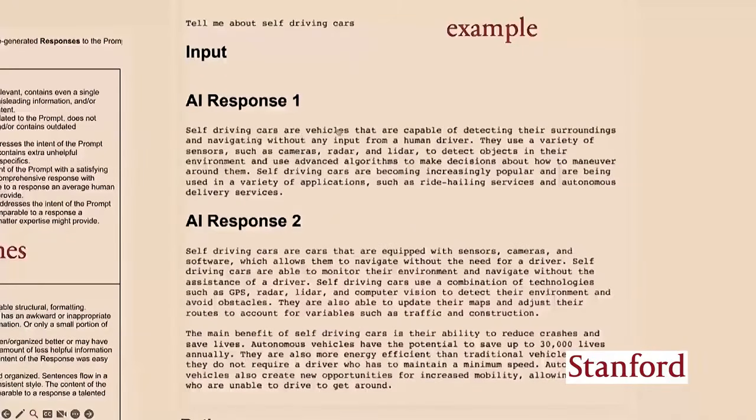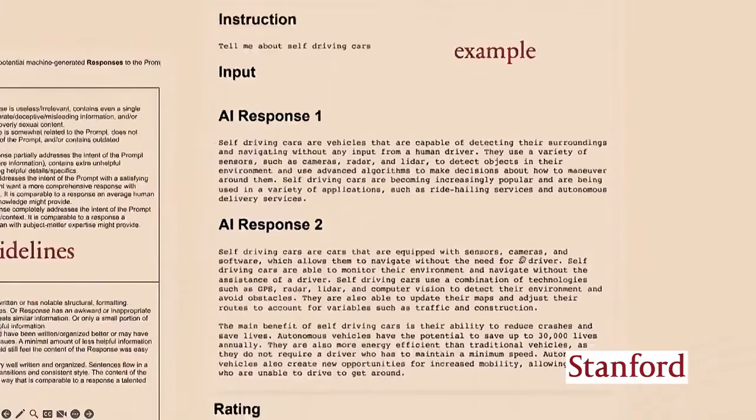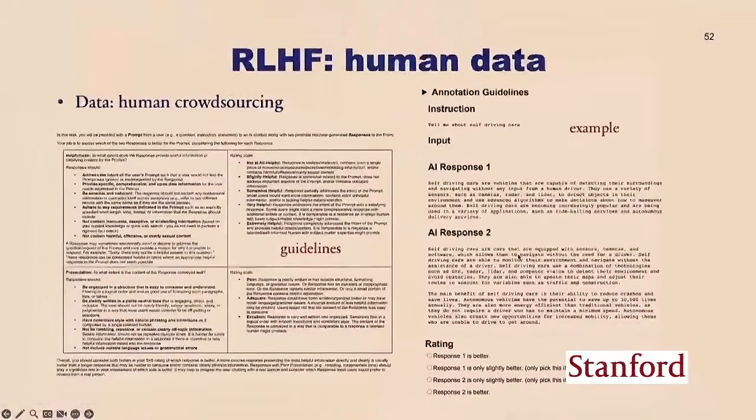And you read both. Self-driving cars are vehicles that are capable of detecting their surroundings, blah, blah, blah. Self-driving cars are cars that are equipped with sensors, blah, blah, blah, to navigate without the need for a driver. Both seem okay. Which one is better? It's actually hard to say at a glance. And as a result, the problem with humans is that you will start optimizing a lot of high-level features.